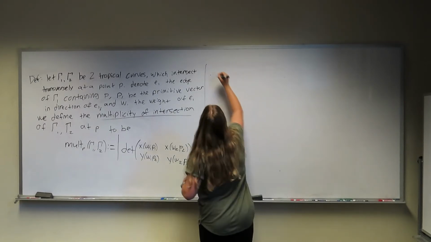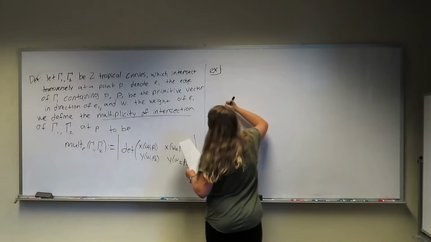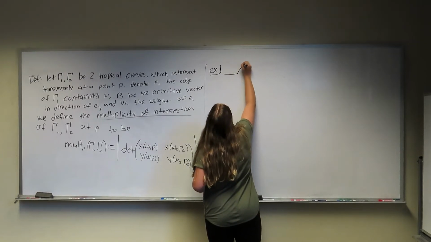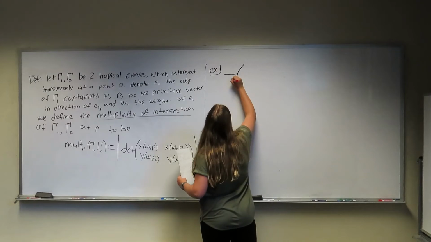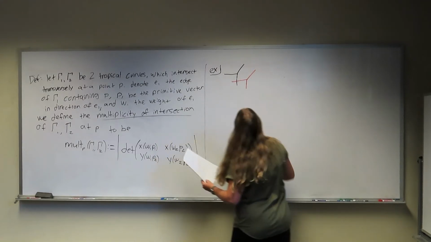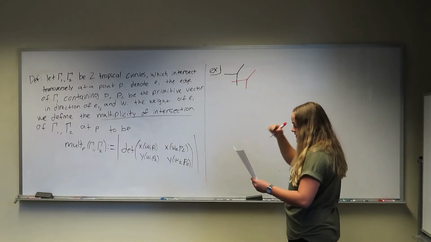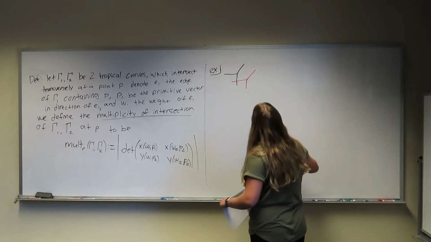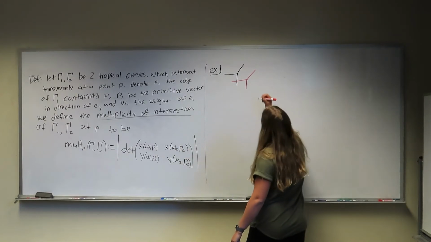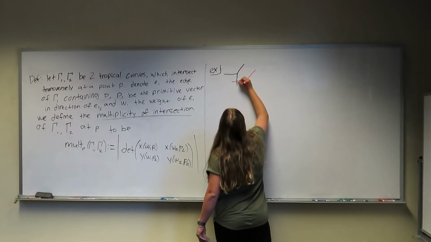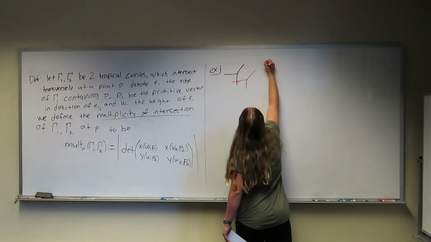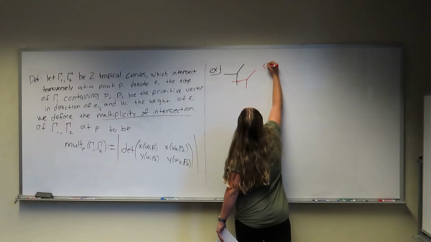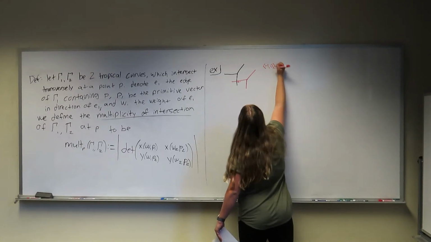Okay, so we have one line and another line that are intersecting transversely. Then our primitive vector for the red one is going this direction, which is -1, 0.